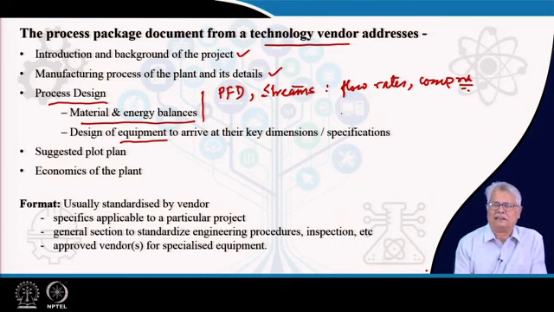In fact, if you are talking about the Indian scenario, depending on the industry, certain sections will definitely be Indian, but in case you are getting a technology from outside, a foreign technology comes in, they will be specifying certain standards according to their country or their own requirement. Either the equivalent has to be given in BIS or directly something like ASME, which is quite accepted internationally, will be used.